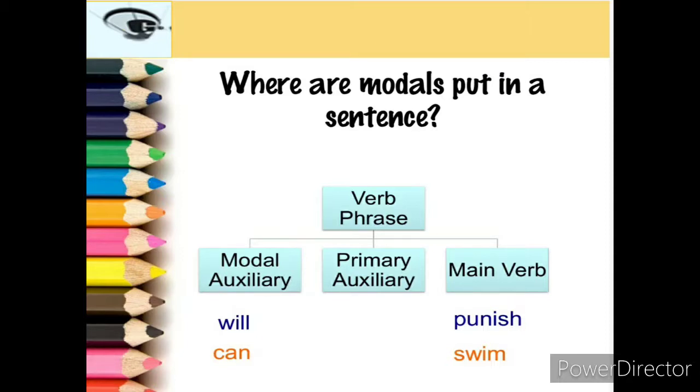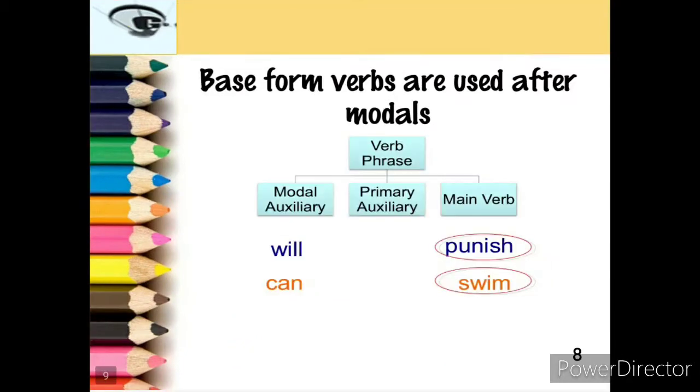So when we say modal auxiliaries, you can use any modal here like will, can, shall, should, may, might, depending upon the sentence you wish to frame. And then you can add any verb in front of it. It depends upon the kind of sentence you are framing. So that needs to be clear.